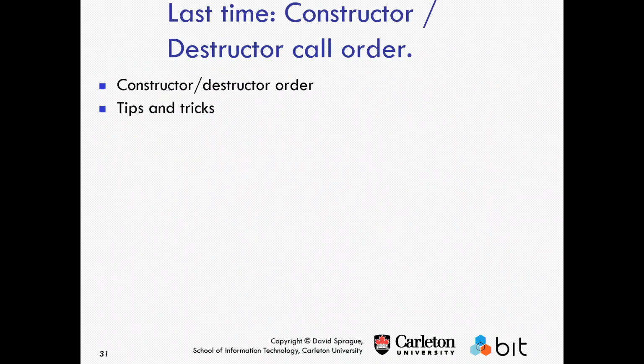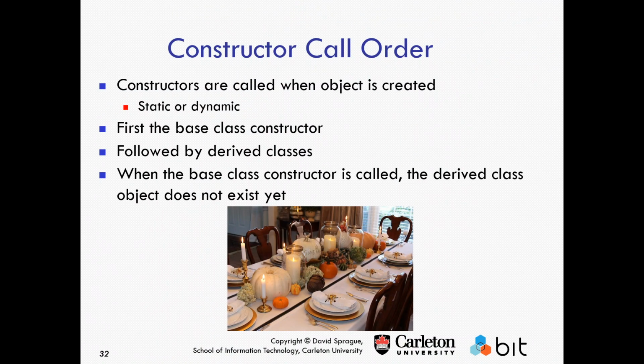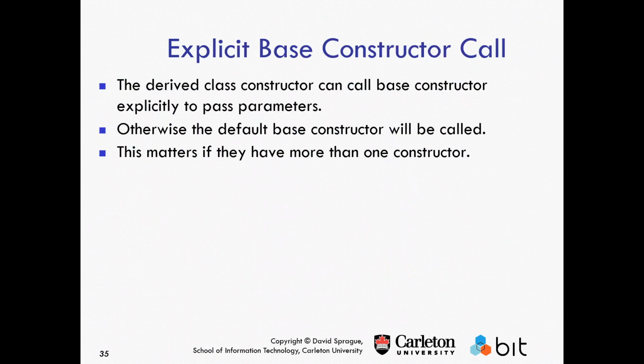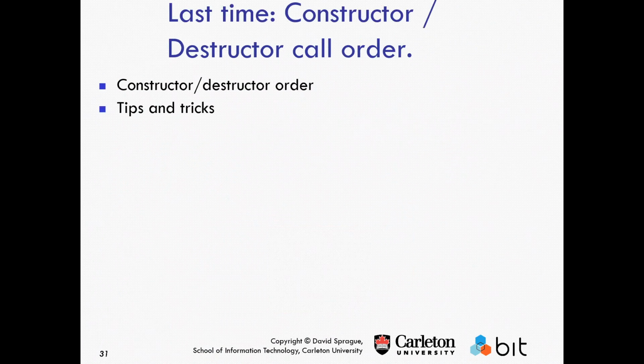Okay, so last time around we looked at constructor and destructor order. We actually looked at this with a doubly linked list. Here's the weird thing about linked lists. If I'm going to make a new object, I'm going to just draw a picture here. So, what do I need?